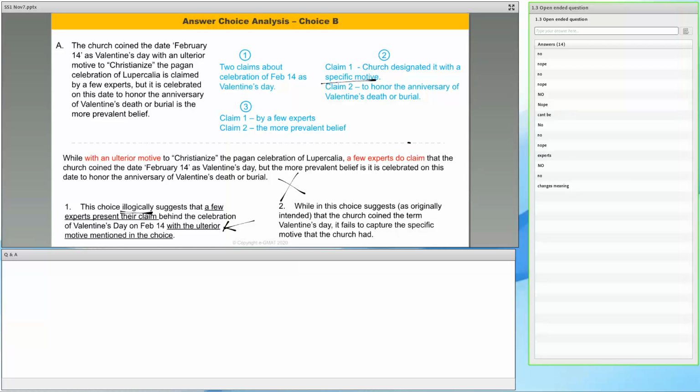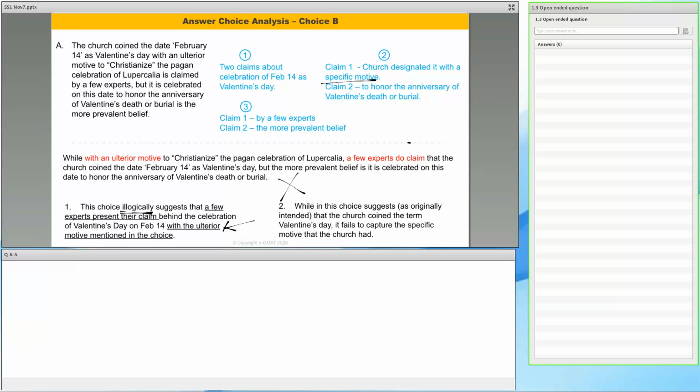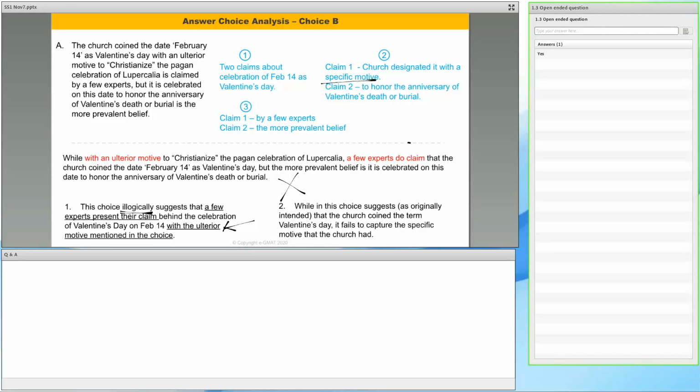Because of this, the choice is wrong. People who chose choice B, can you see that difference in meaning? In the original choice, the church had the ulterior motive. In this choice, the experts have the ulterior motive. That's what we call, there's no grammar here. It's the sentence structure in the context that kills you.